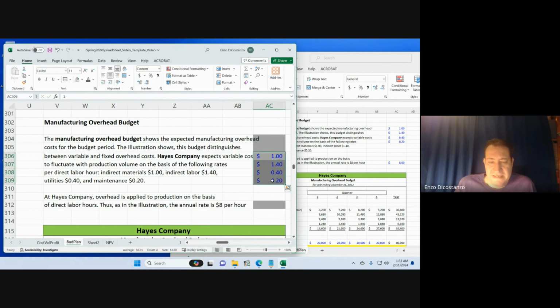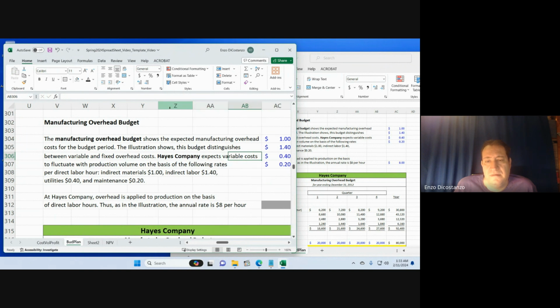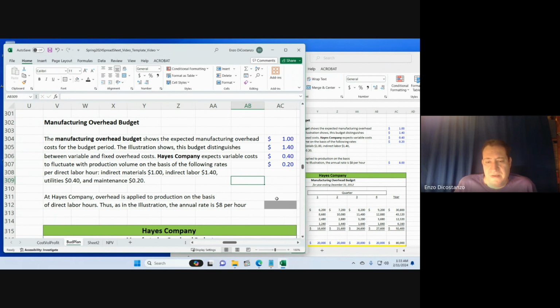And actually, I want to cut these and put them up here for whatever reason. Okay. And again, we'll get to this 8 in a little bit.